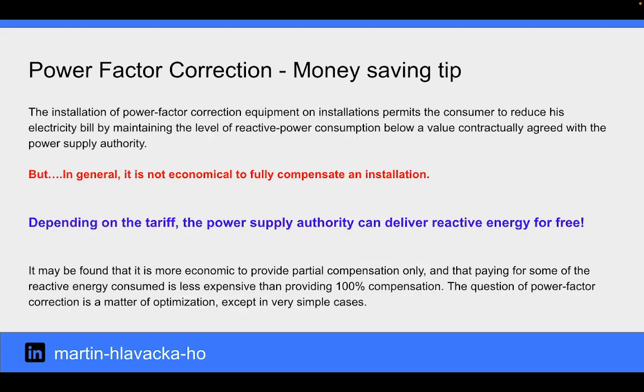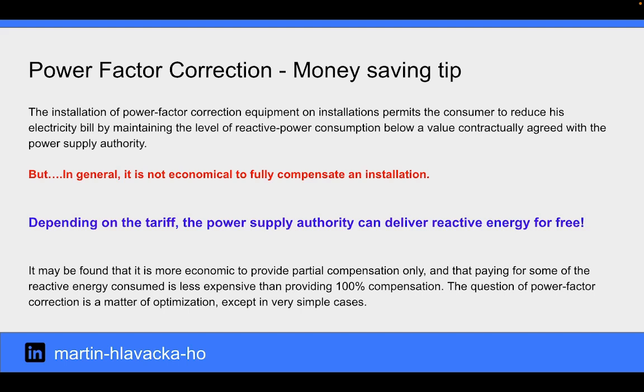The installation of power factor correction equipment in the facilities allows the consumer to reduce their electricity bill by maintaining the level of reactive energy consumption below a value agreed contractually with the power supply authority. But in general, it is not economical to fully compensate an installation.